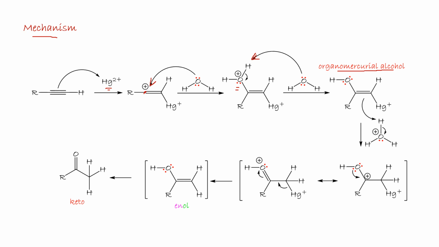Then the double bond proton transfer to form the carbocation, which is stabilized by a resonance structure, followed by ejection of mercuric ion again to form the enol, which tautomerizes to the keto structure.